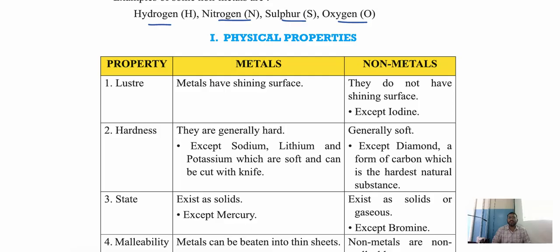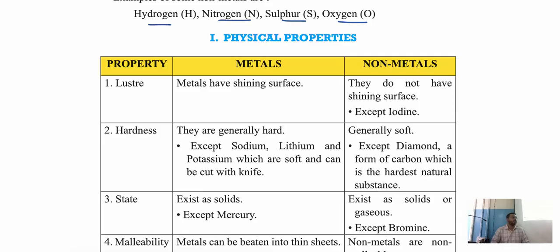See, children, very simple. Physical properties are nothing but those properties which we can see and feel. Chemical properties are those which we can't see but still we can feel.